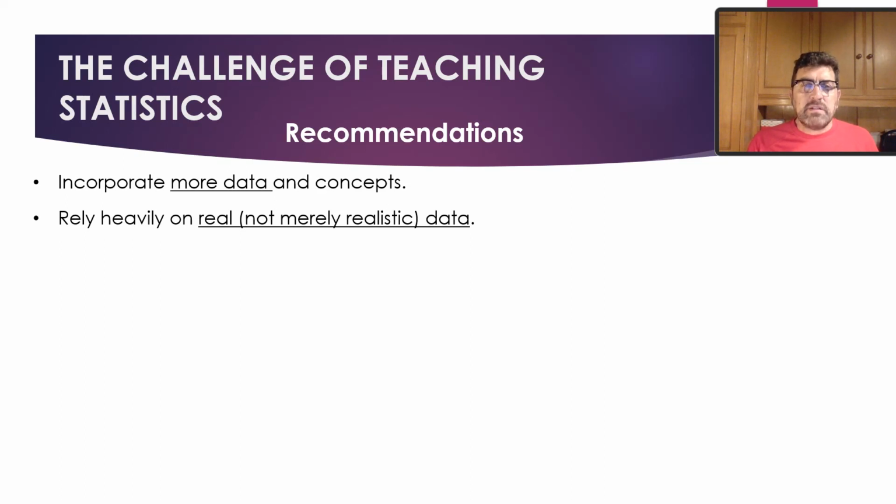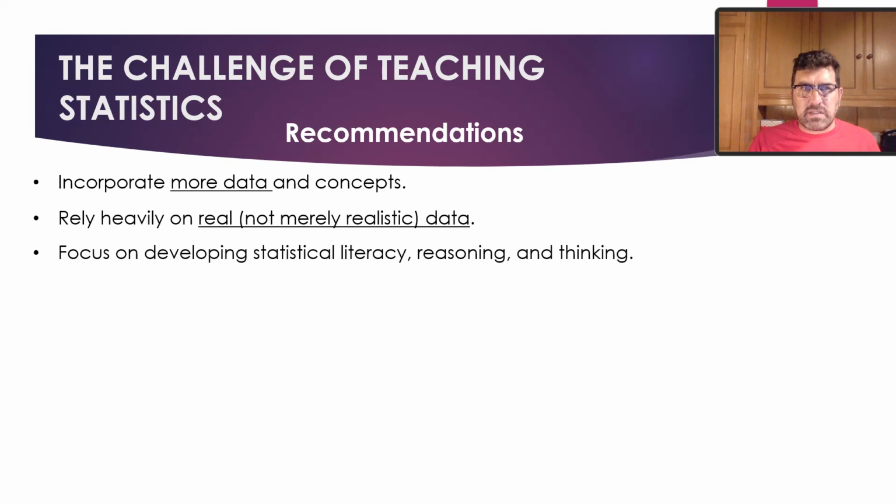But real data, not nice data that is going to tell the story you want it to tell. Muddy the waters. That creates or develops the critical eye in the learner when you talk about statistics and statistical reasoning.